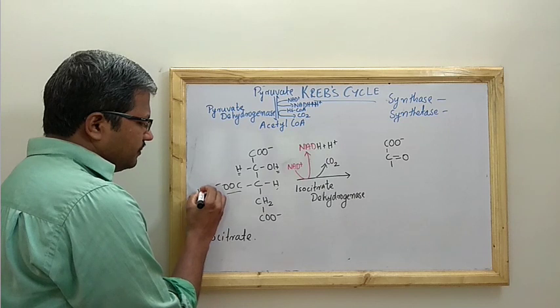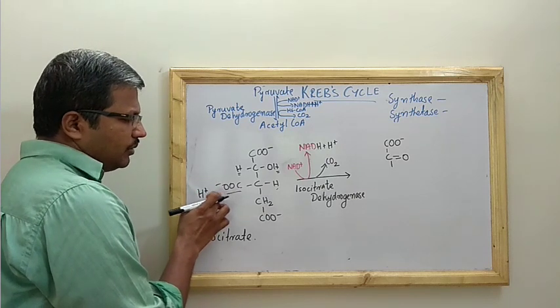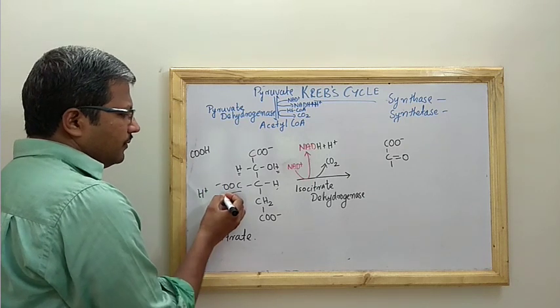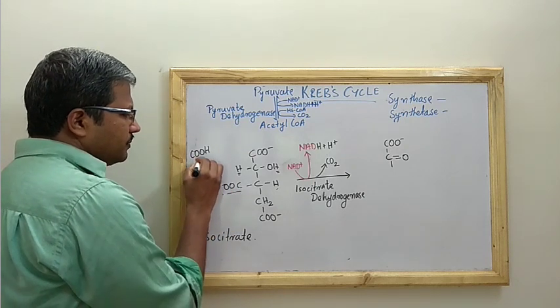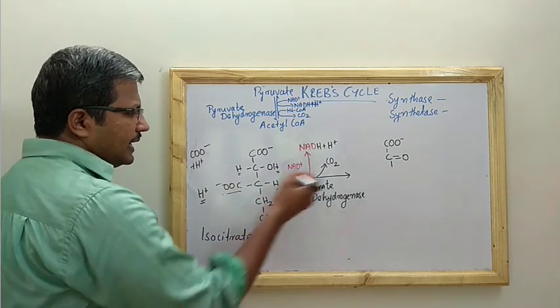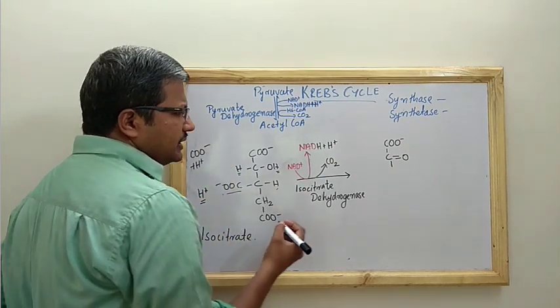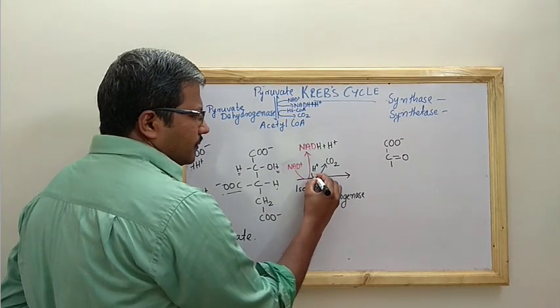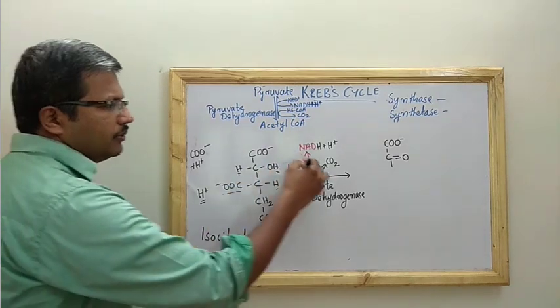Again the H plus will be added. We know that this is ionized. This is actually COOH, ionized to this one. When it is ionizing, there will be plus H plus, right? COO minus plus H plus. So that H plus will be added at this particular point. Okay, H plus will be added.